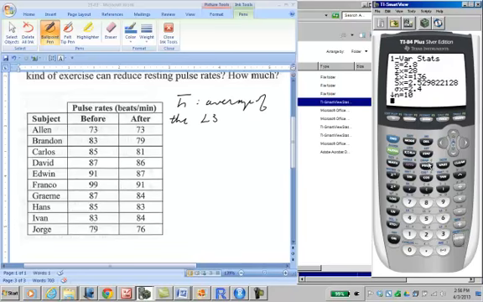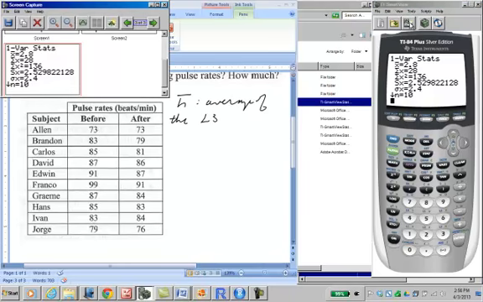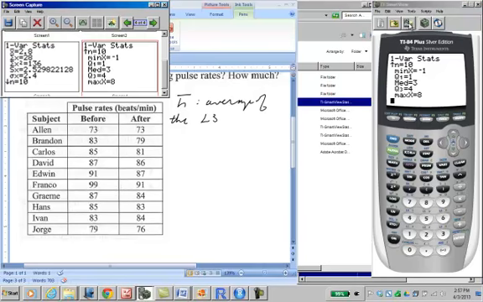Let's take a picture of this. And what else is it showing us? I might as well take a picture of that too.